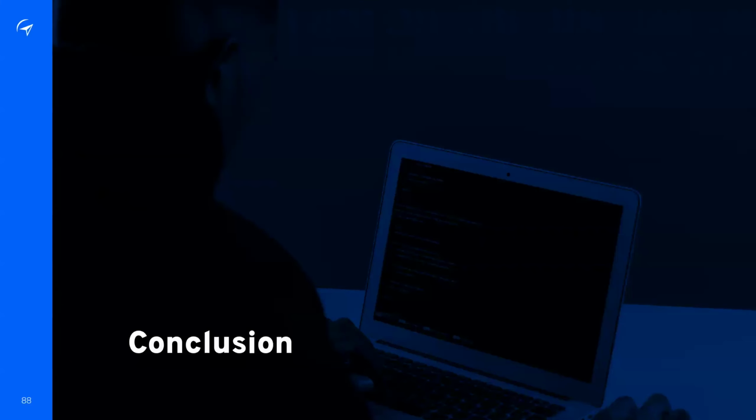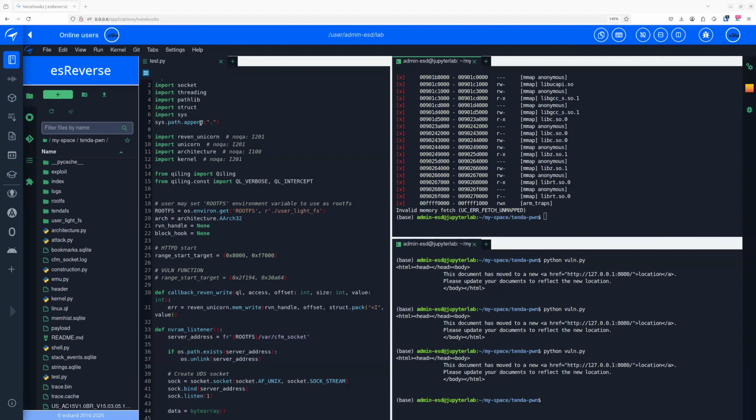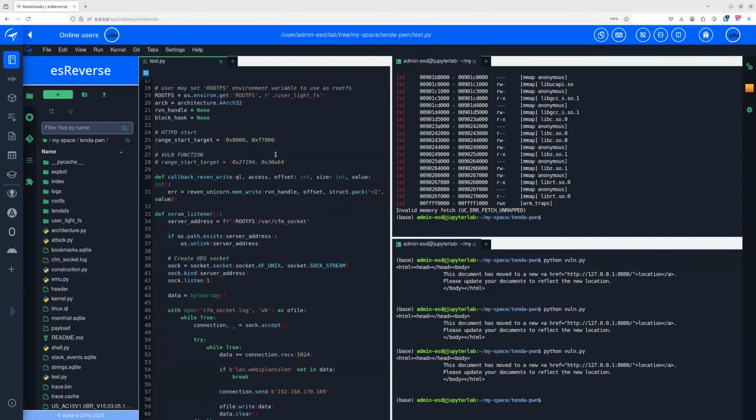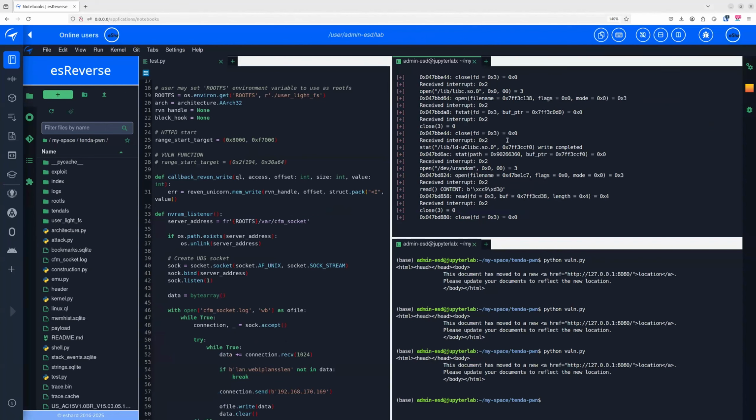But first, let me show you what it looks like in time travel. On this part of the screen, we have our emulation script, and we will launch it. So we are now emulating the web interface of the router.